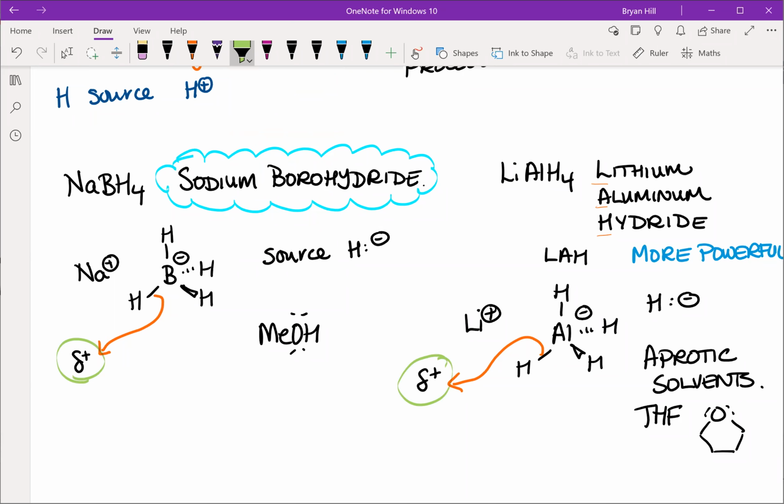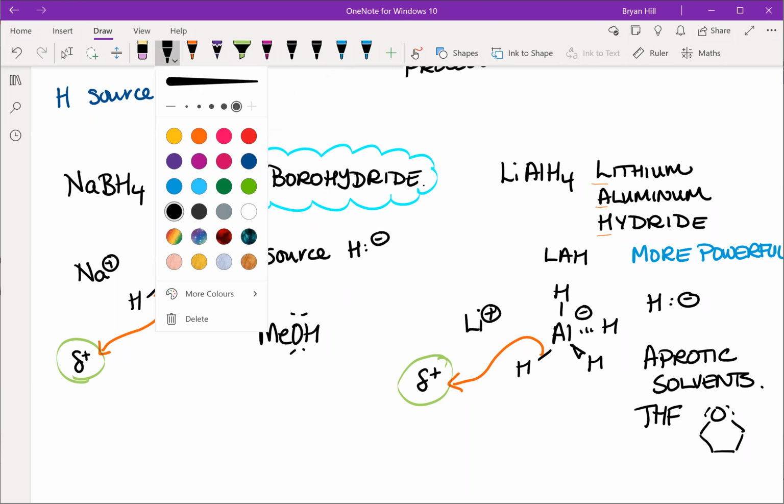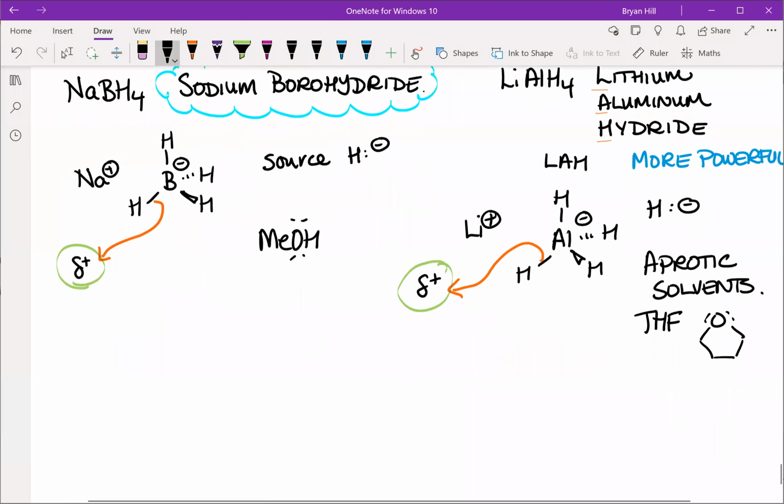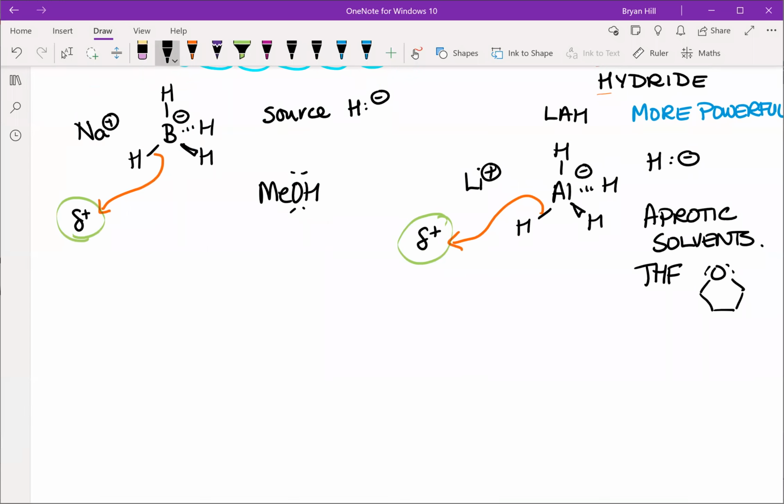So now we're going to go back and look at our carbonyl compounds, and see where delta plus happens to be.